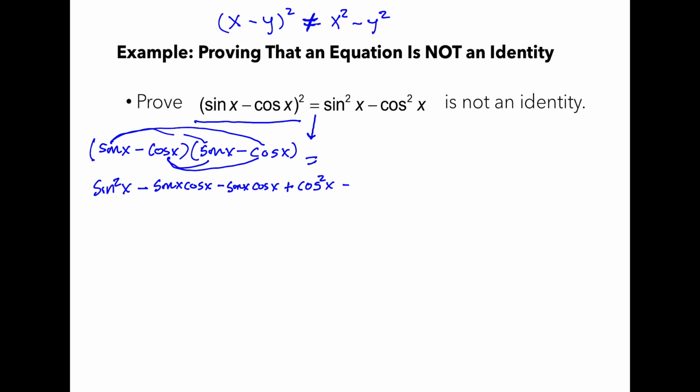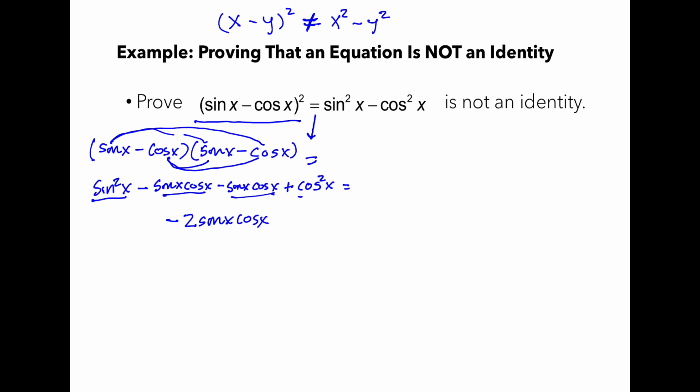And combining like terms, these two can be written together. There's two of them, the same products, so we can rewrite them as minus 2 sine x cosine x. You could also have that as cosine x sine x, either way.